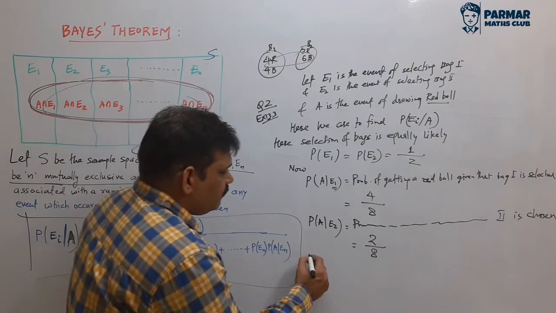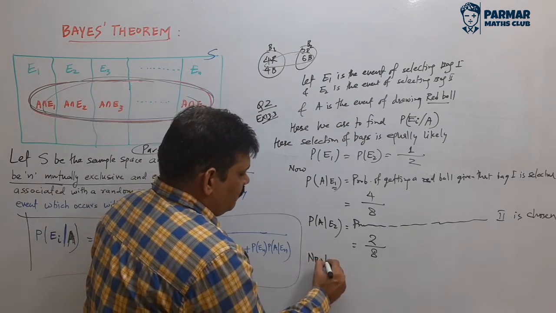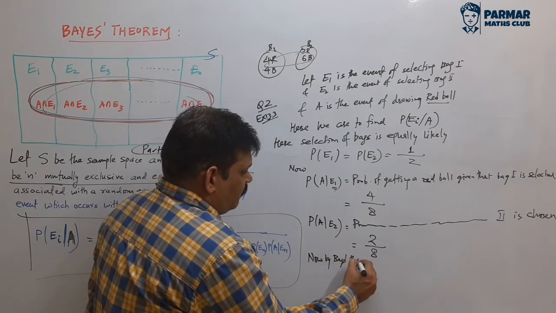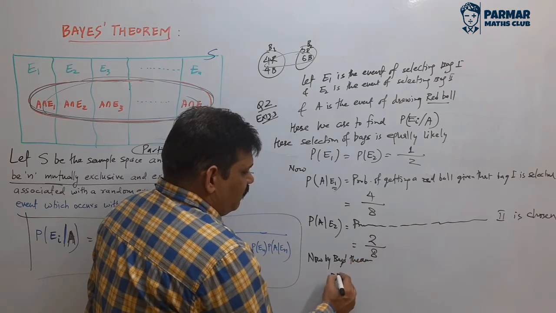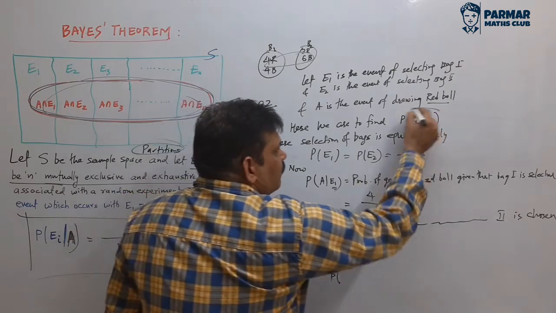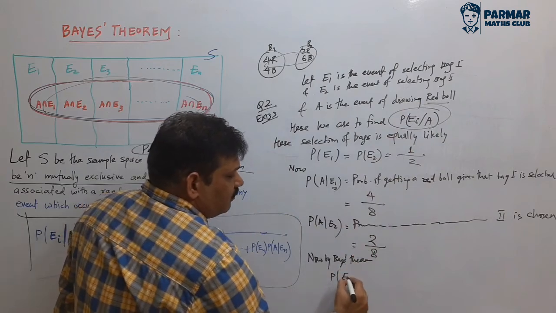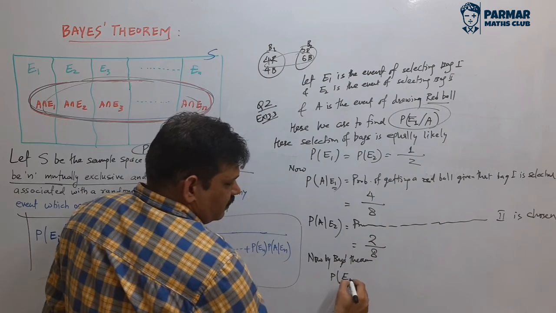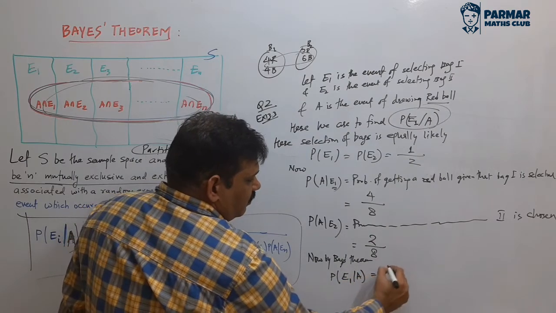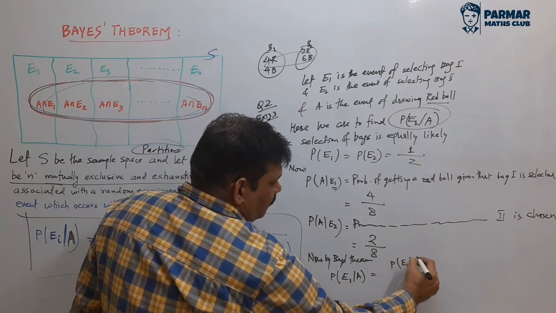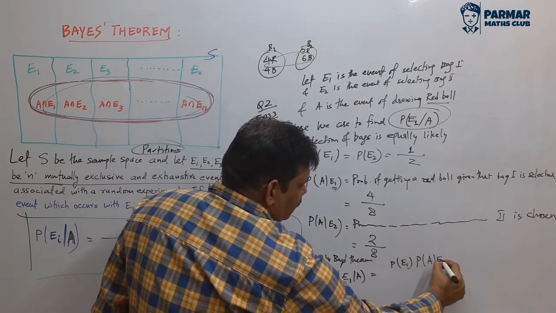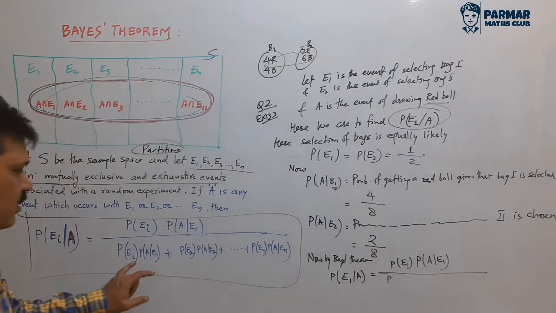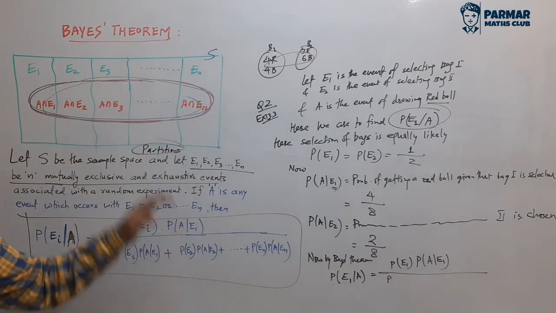Now, by Bayes theorem, we are interested in finding the probability of E1 given A. What is the probability that it has come from the first bag? P(E1 given A) is equal to the probability of E1 multiplied by the probability of A given E1, divided by, since there are only two partitions, E1 and E2, the probability of E1 multiplied by A given E1 plus the probability of E2 multiplied by the probability of A given E2.